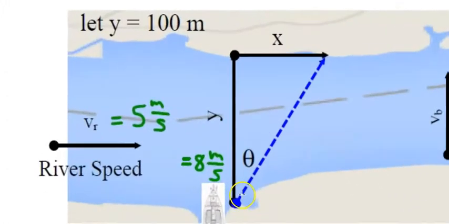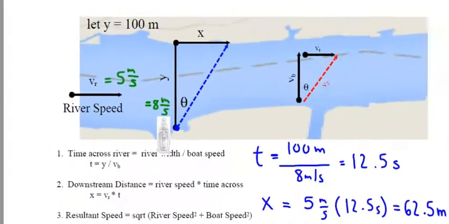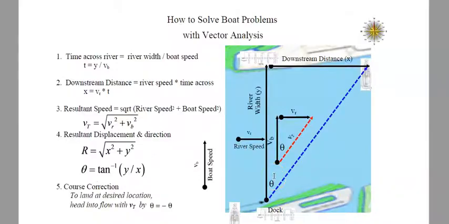So if he was being pushed off course by 32.1 degrees, he would have to head into the flow by 32.1 degrees. He would go this way. And then the river would push him back, and he would land exactly where he intended to land in the first place. So this is the vector analysis of the classic boat problem.